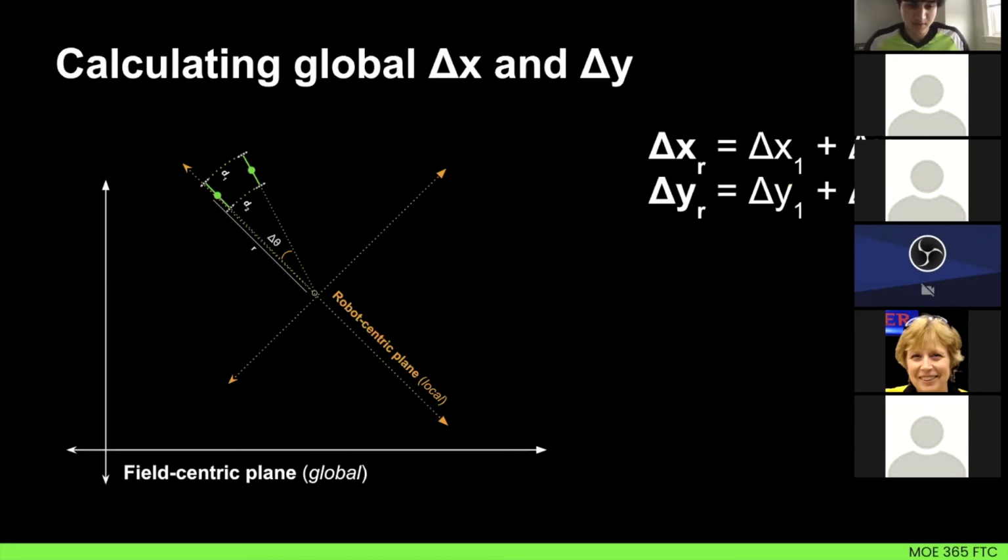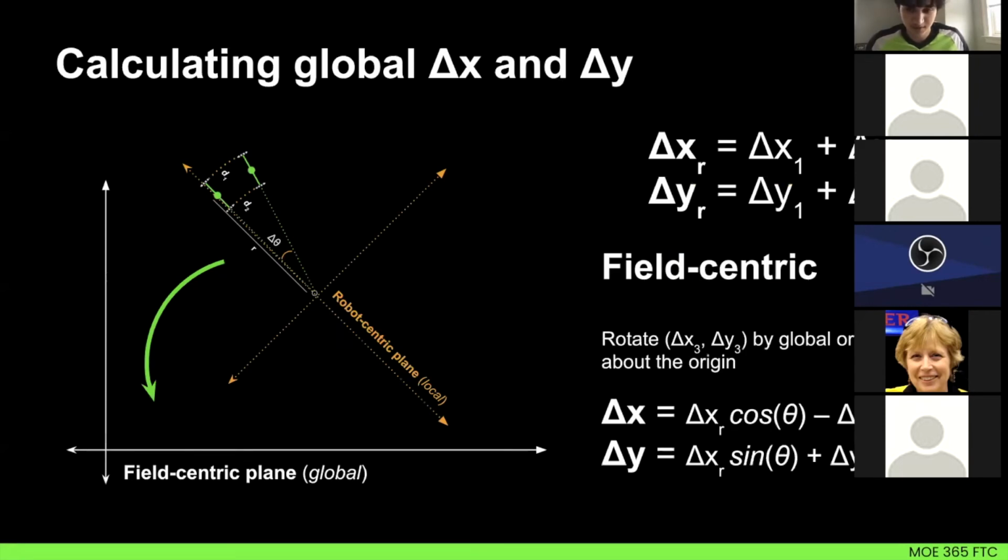So how do we do that? We want to rotate these X and Y changes onto the field-centric plane. And we already have a formula to do that. All we have to do is rotate delta XR and delta YR by the global orientation. I'm sorry, there's a typo here. It says 3 instead of R. It should be delta XR and delta YR. We rotate those quantities by the global orientation about the origin using the formula for rotating a point about the origin.